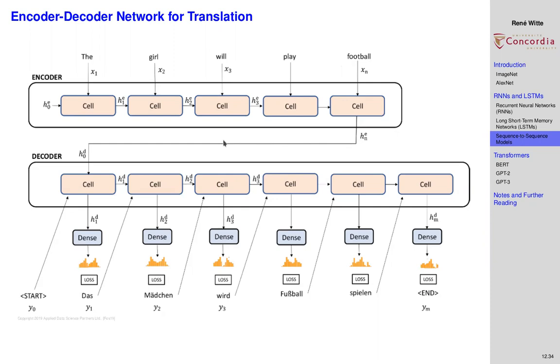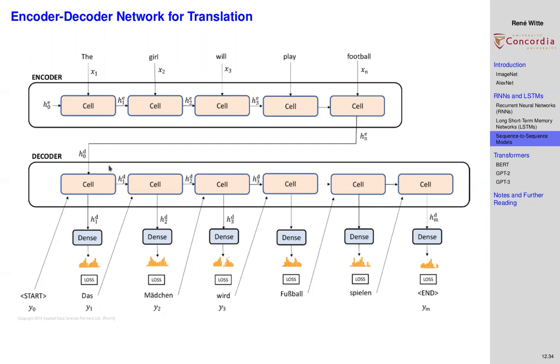This is typically called a thought vector. And then this input goes into a decoder architecture. And then we decode it step by step. And in this case, generate German output. Das Mädchen wird Fußball spielen. So this is an accurate translation of the input text here.